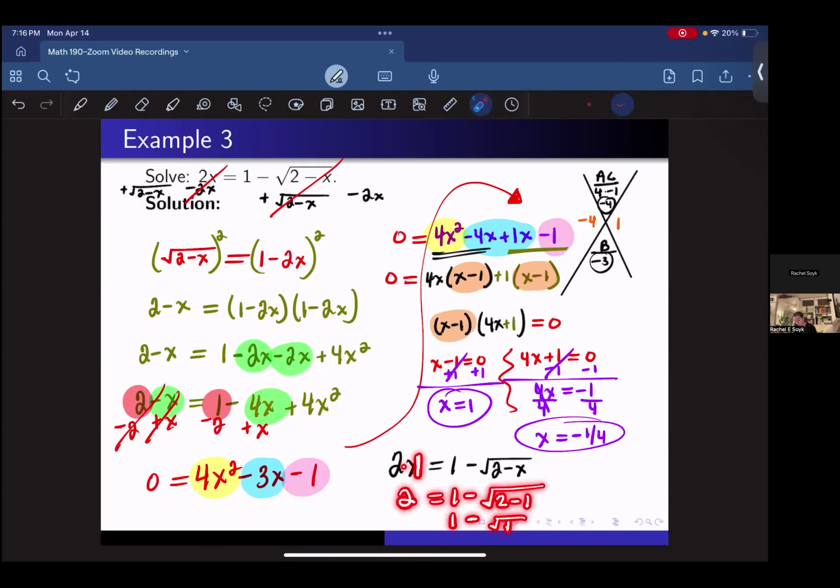The square root of 1 is 1. 1 minus 1 gives you 0, not 2. So 2 does not equal 0, which means we need to reject x is equal to 1. It's not a solution. This is known as an extraneous solution.